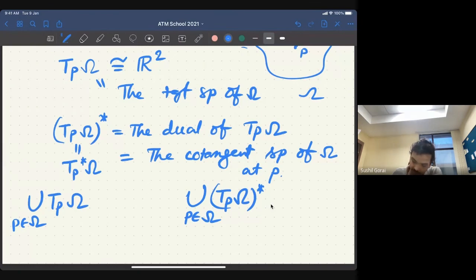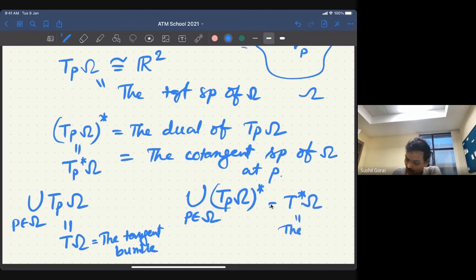The first, with notation T omega, is the tangent bundle, and this is T star omega, the cotangent bundle.